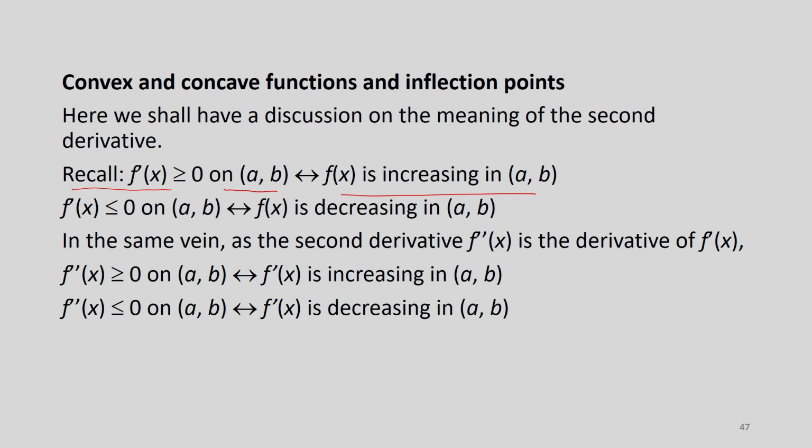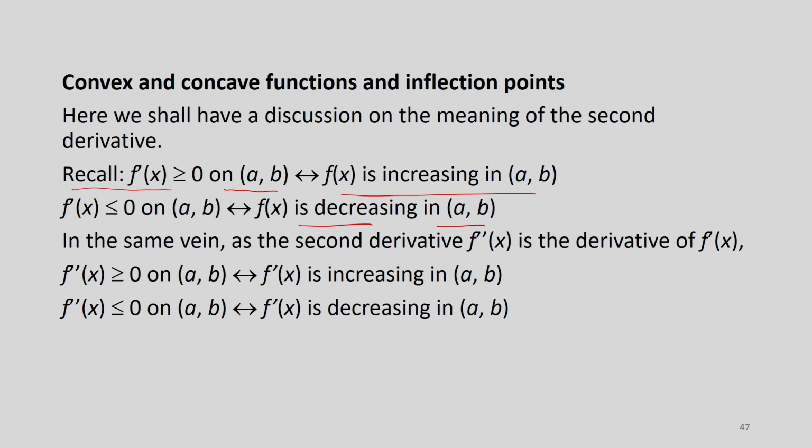This is weakly increasing. And on the other hand, f dash of x less than or equal to 0 in the same interval a to b is equivalent to f of x decreasing in a to b. Again, this is weakly decreasing.